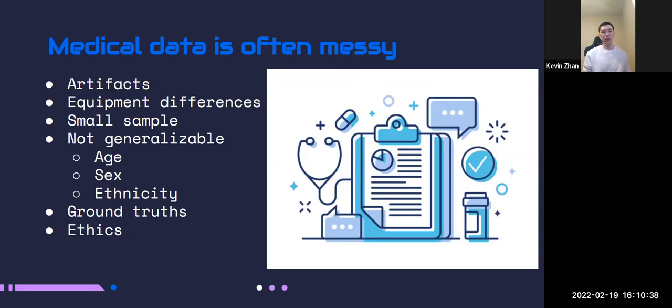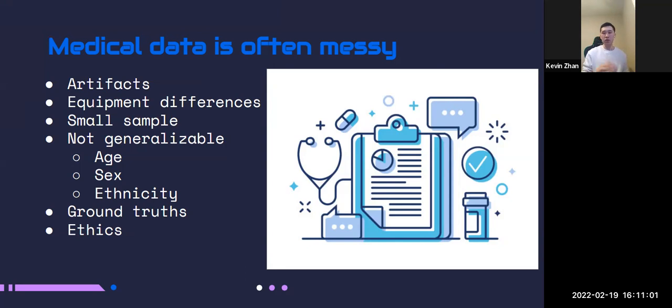Another thing is that, well, these next 2 points kind of tie in together. So small sample and not generalizable. So if you are a physician that is looking to create data for an ML project, you would probably collect data in your one hospital or your one clinic. And this might mean that the population that you're getting is not too diverse, right? Because they all live in the same area.